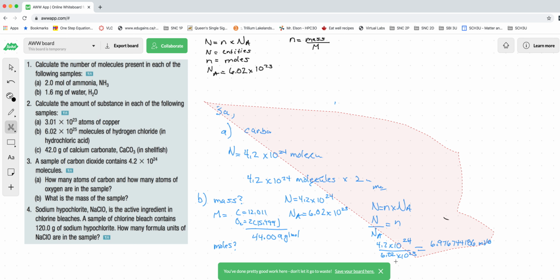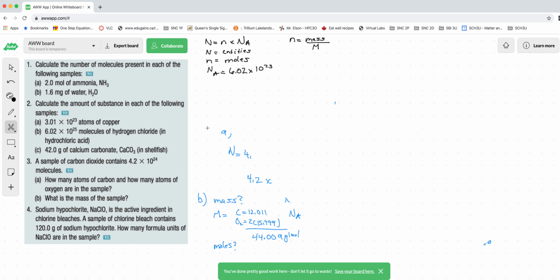So remember, formula units just tell us essentially the lowest whole number ratio of the sample, which is in fact our ionic formula already. So sodium hypochlorite is an ionic compound. It's a metal and a polyatomic ion. And we describe that in formula units, as I talked about in class.